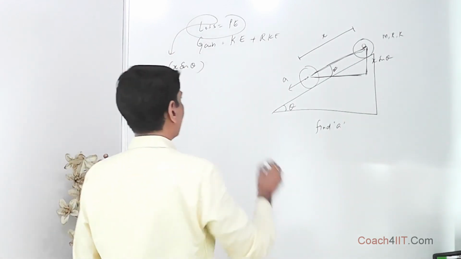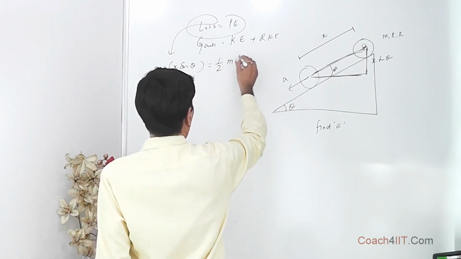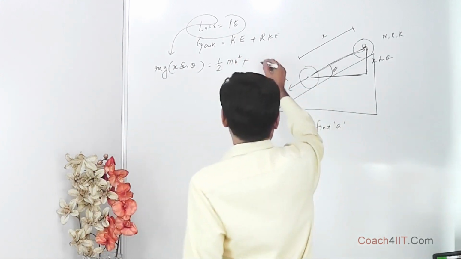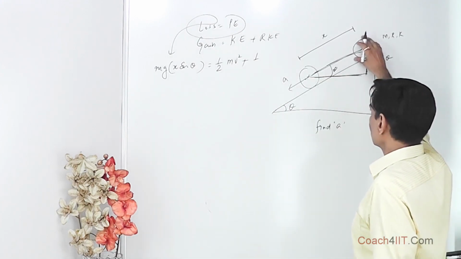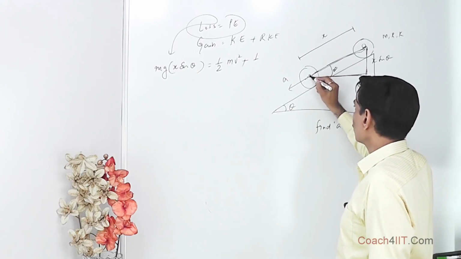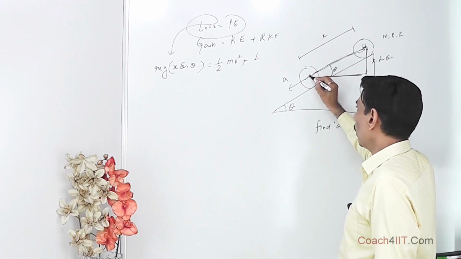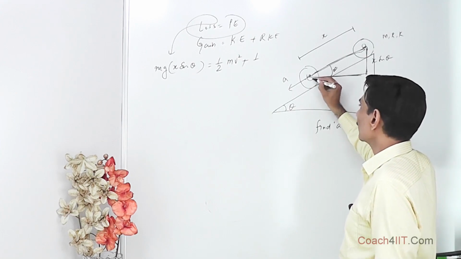What is the gain of kinetic energy? The gain is translational kinetic energy, half mv square, plus rotational kinetic energy about the center of mass. We are considering the loss of potential energy as the gain of translational kinetic energy of the center of mass plus rotational kinetic energy about the center of mass.